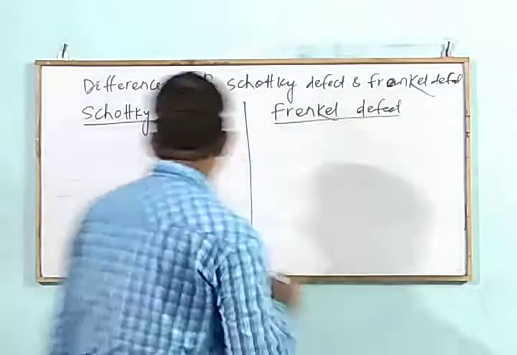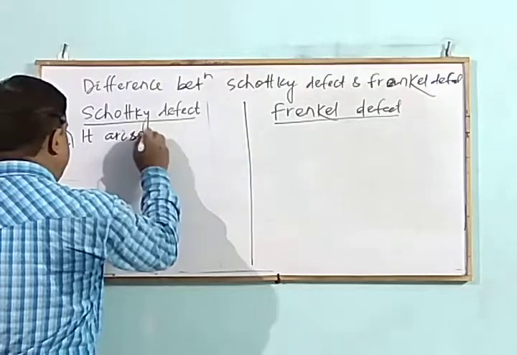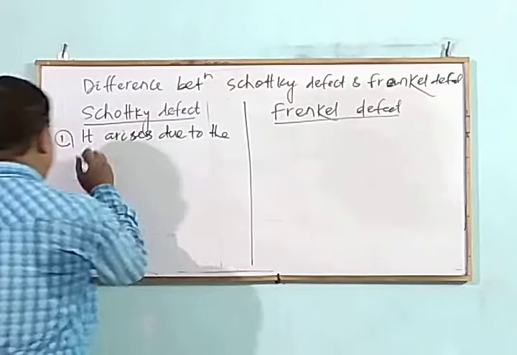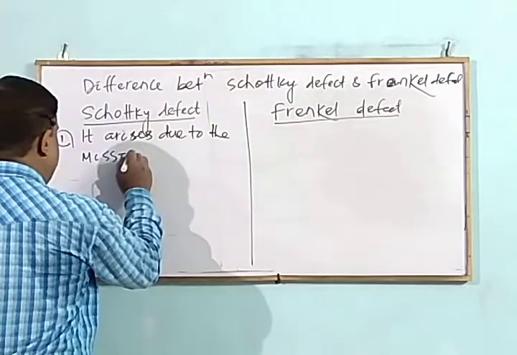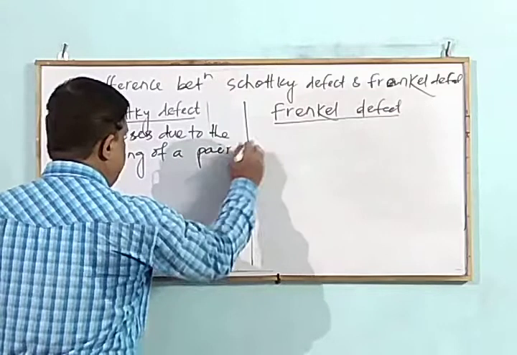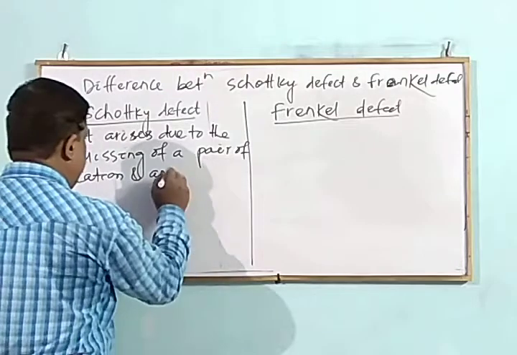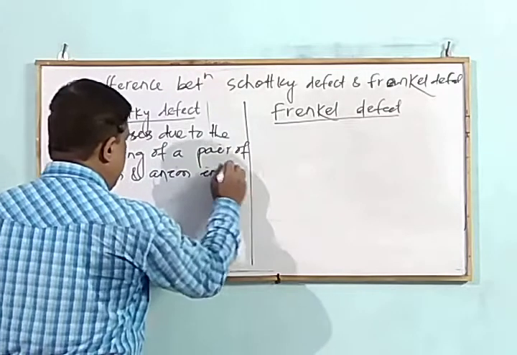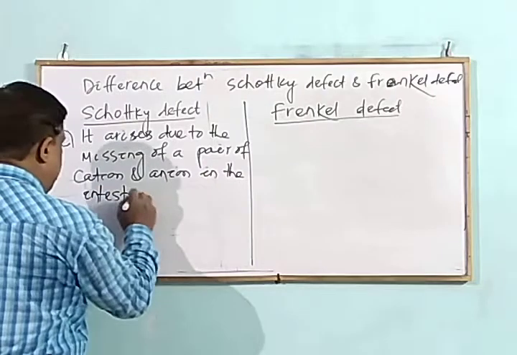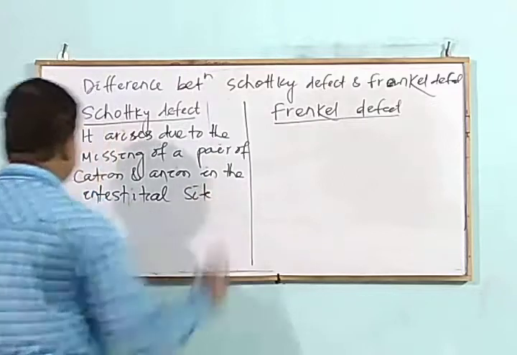Mark that. Point 1. It arises due to the missing of a pair of cation and anion in the interstitial site.